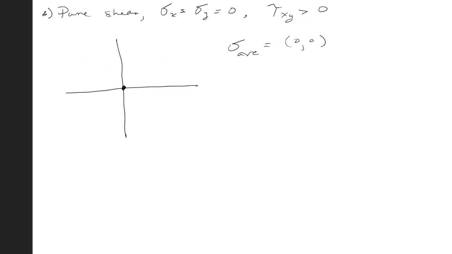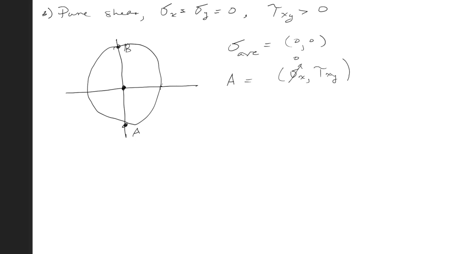If you look at the y face, or the x face, point A is just going to be equal to sigma x, which is 0, tau xy, which is positive, so it's going to be here. So there's point A. Point B is just the negative. So the pure shear circle looks like this.